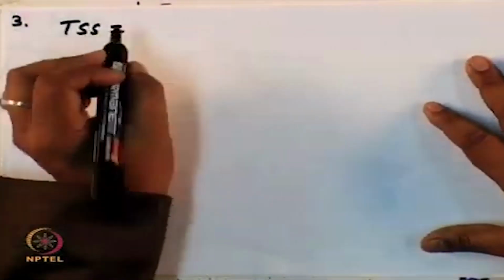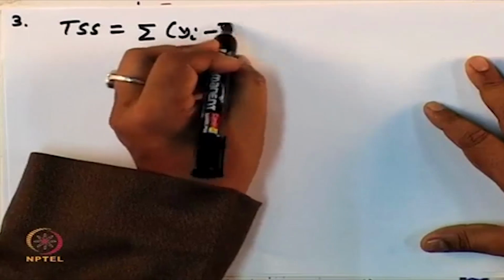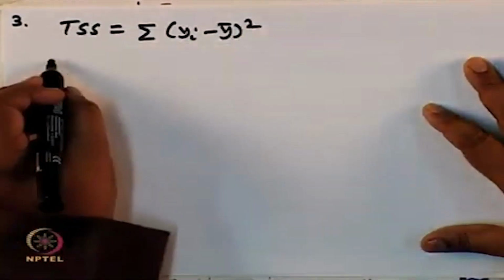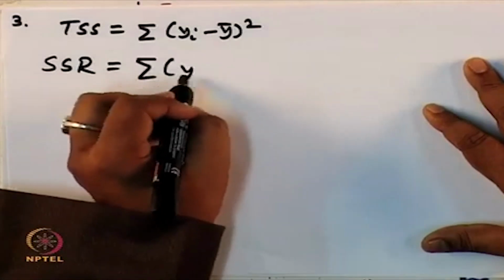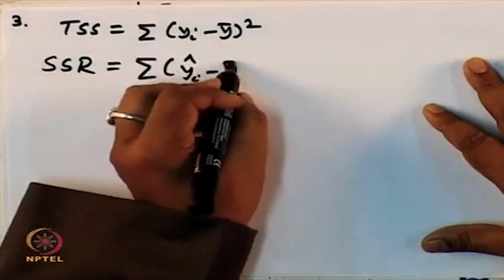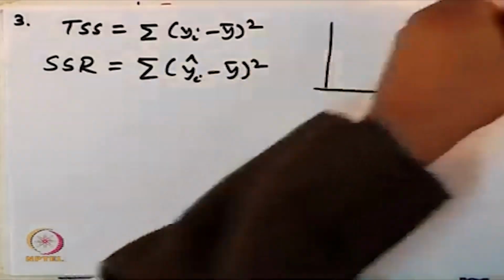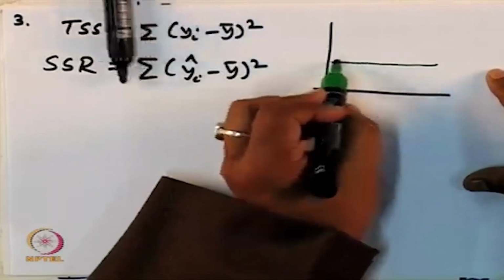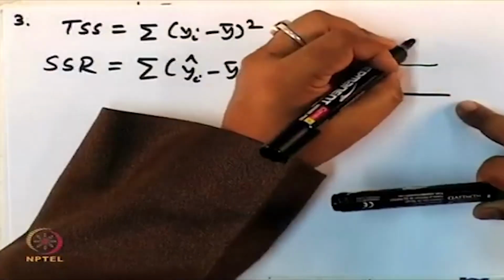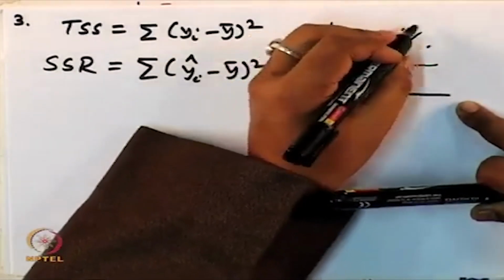Once again, first let me write out TSS. TSS is summation of yi minus y bar whole square. SSR is summation of yi hat minus y bar whole square. Once again, this is your y bar line, this is the line you fit, and these are your points.